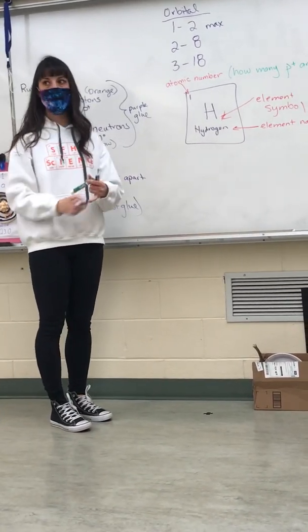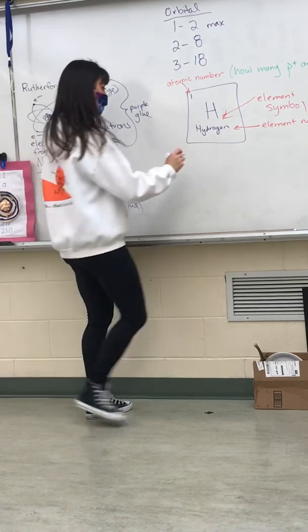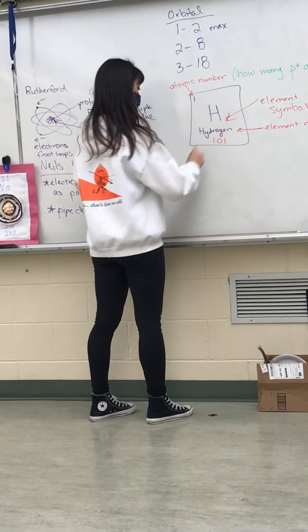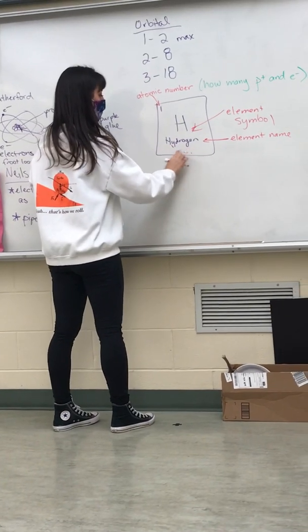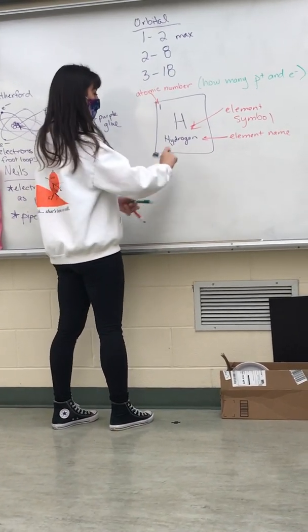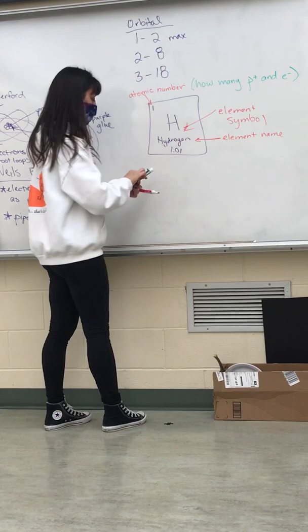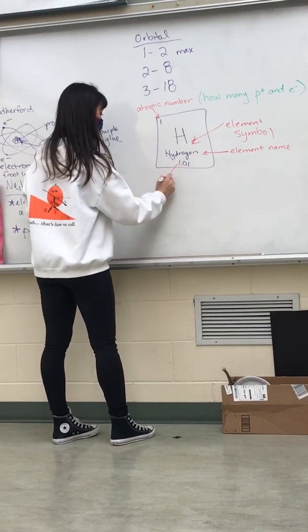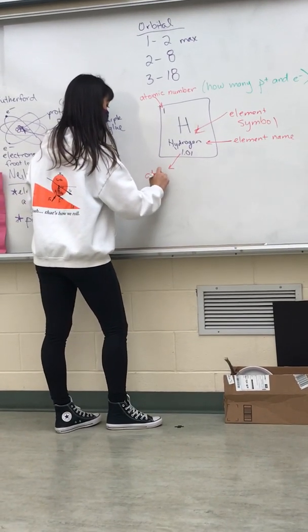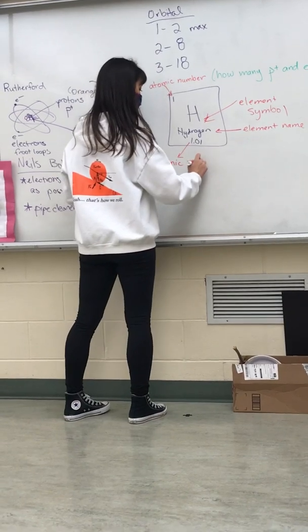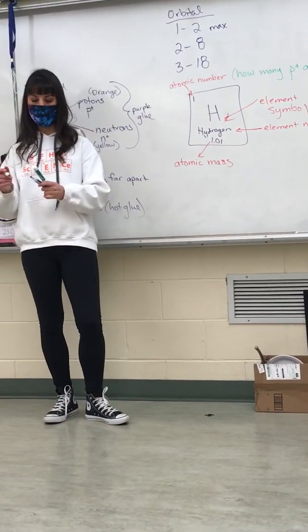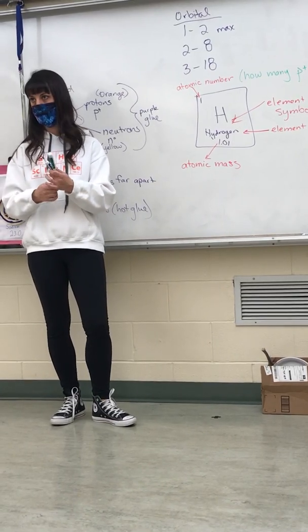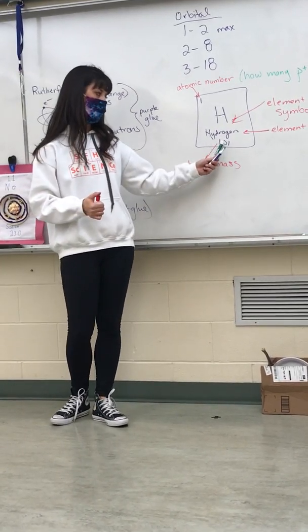Then at the bottom, there's an atomic mass. Oops, I should make it the same color. So when you're trying to figure out neutrons, you round this number.